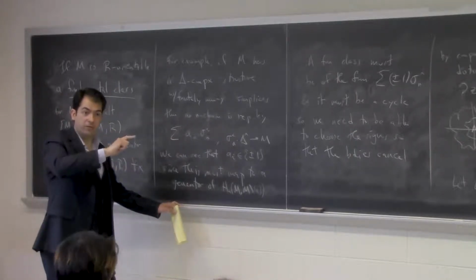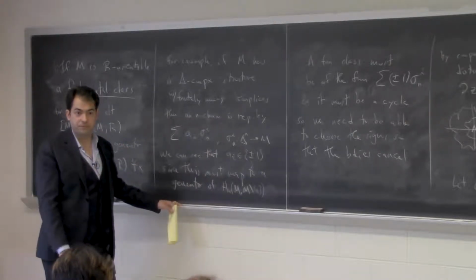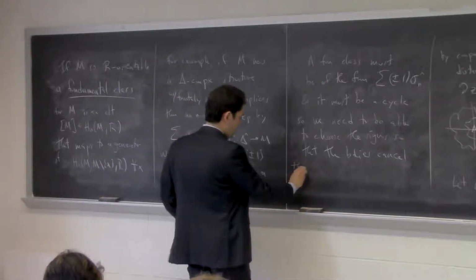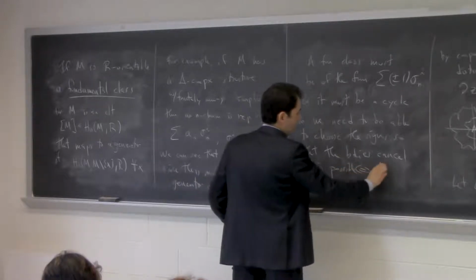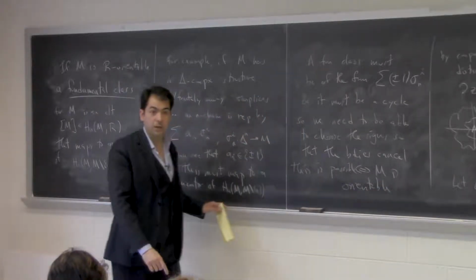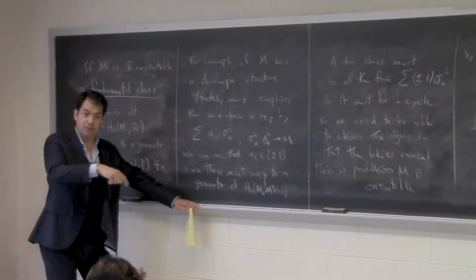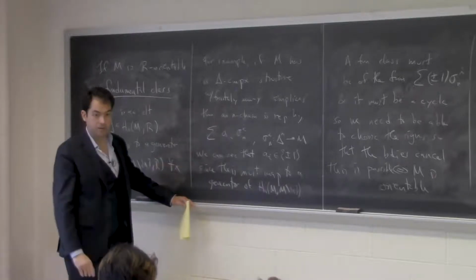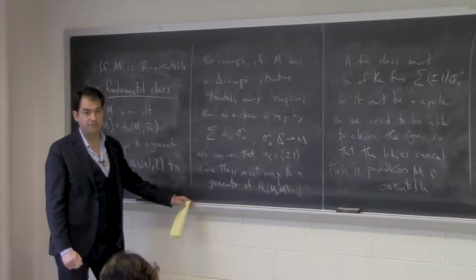So if it's going one way for one triangle, then it's going the other way for the next triangle. What if you can't do that using plus or minus 1 coefficients? Then it's not orientable. So this is possible if and only if M is orientable. Which brings us back to the intuitive notion of what it means to be orientable: to be able to pick orientations on all of the little triangles in a compatible way. So that's exactly the same as this notion of orientable.